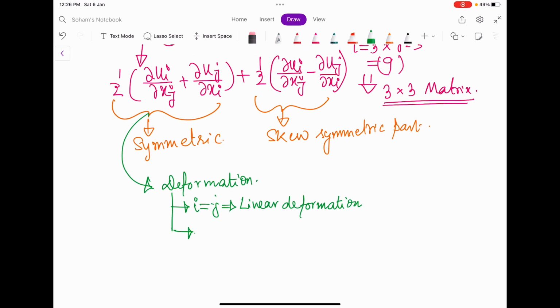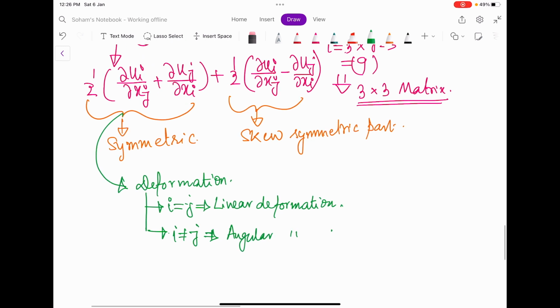So i equal to j means what? It will be half into del u_i by del x_i plus half into del u_i by del x_i. If i equals j equals 1, then it will be half into 2 into del u1 by del x1, that is the linear deformation or linear strain rate in the x direction. Now I think it is clear. And if i is not equal to j, then it is angular deformation.